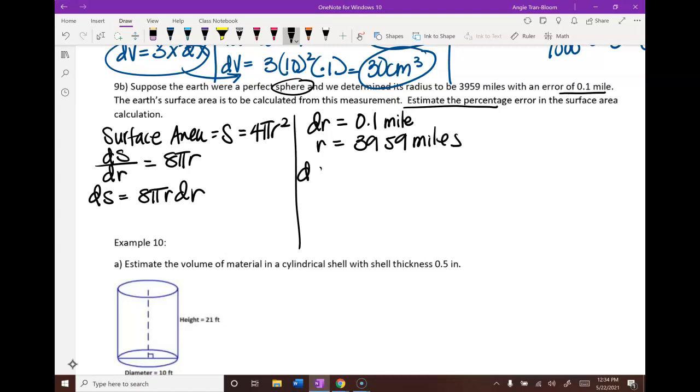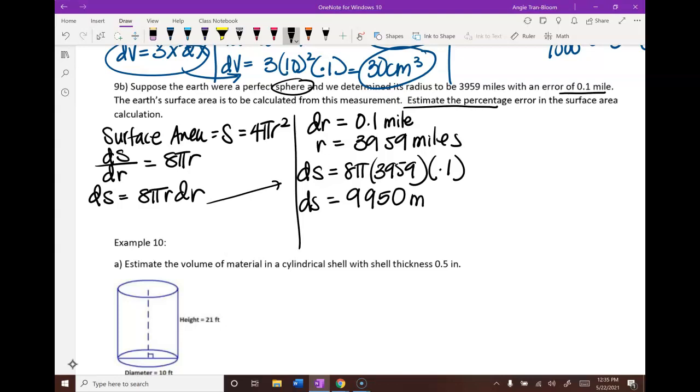So the change in surface area, we're going to use this formula, which is 8 times pi, radius is 3959, the change in radius is 0.1. We are going to bust out my calculator. Okay, this is going to give me 9950, and then surface area, so miles squared.